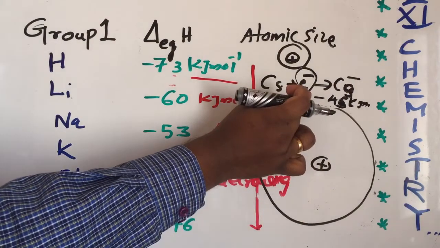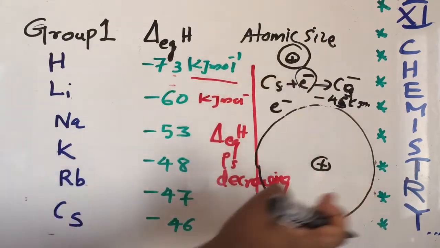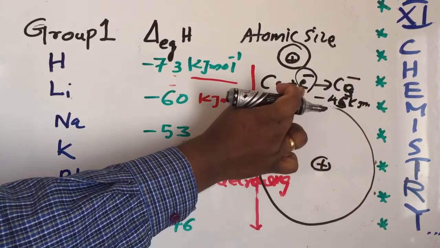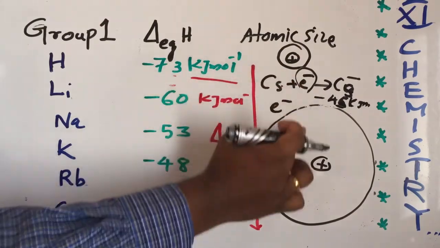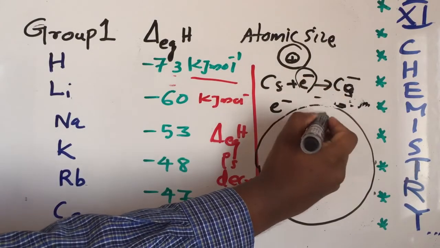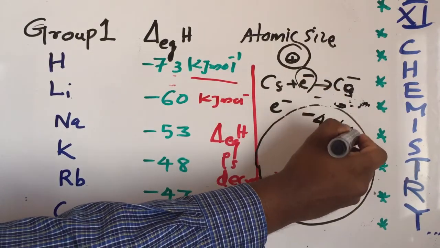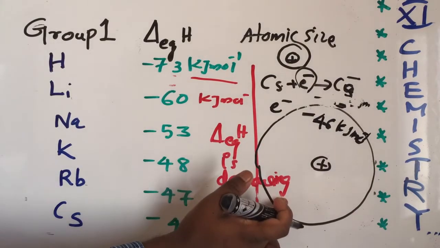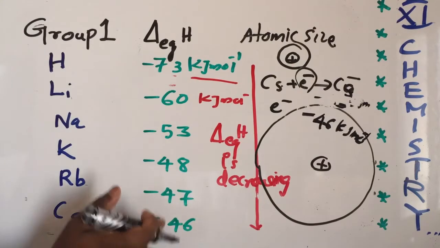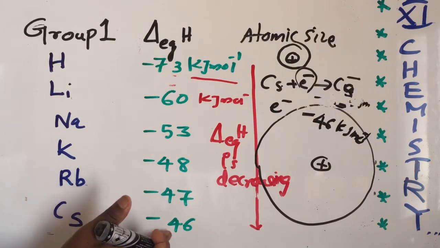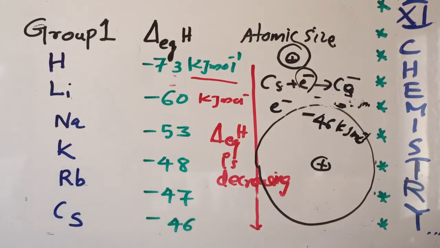Then the addition of an electron to cesium becomes difficult, so only a small amount of energy, only minus 46 kilojoule per mole, will be released during this reaction. That is why cesium possesses low, or less negative, electron gain enthalpy.